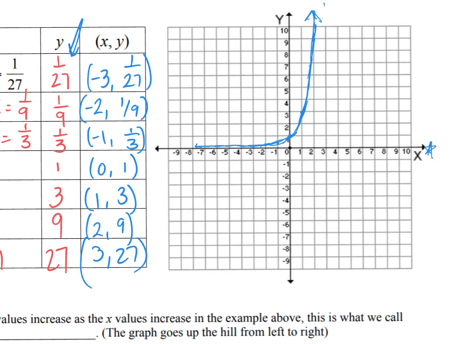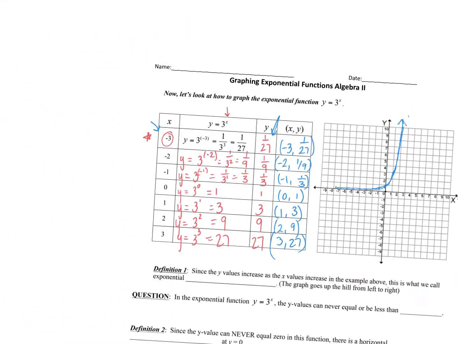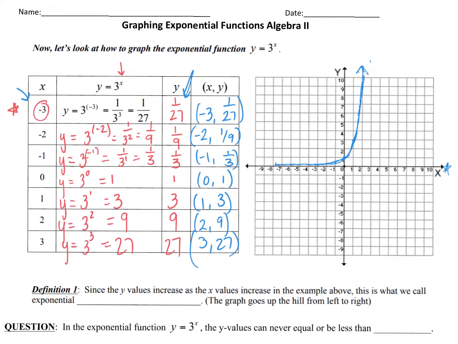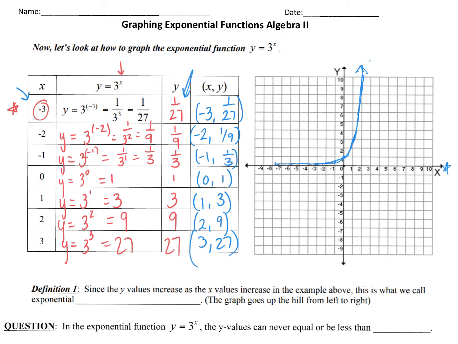Okay? So now looking here, when I look at my y values, my numbers went from really tiny and are slowly getting bigger. So we're going to look at this first definition here. The y values increase as the x values are also increasing. We started with -3 and went to +3, and we started with 1 over 27 and went to 27.